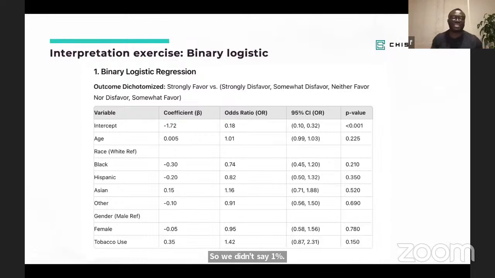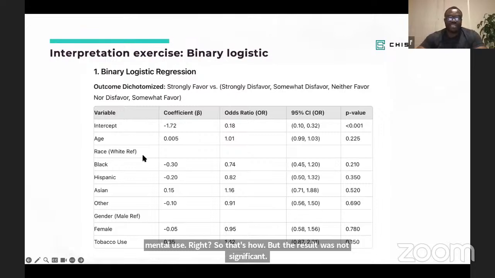We just said 1% higher odds. If we're going to use the 1.01 raw or absolutely, we'll just say 1.01 times higher odds of reporting. So with every unit increase in age, there was 1.01 times higher odds of reporting being strongly favored against menthol cigarette use, right? But the result was not significant. So that's how we can interpret that.